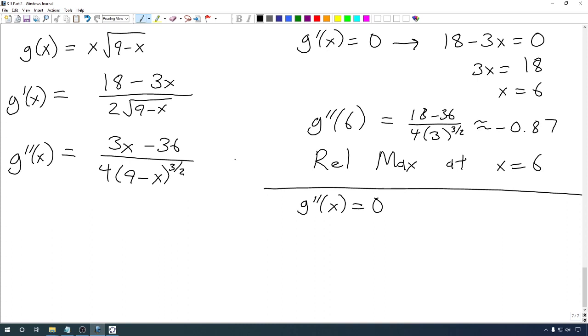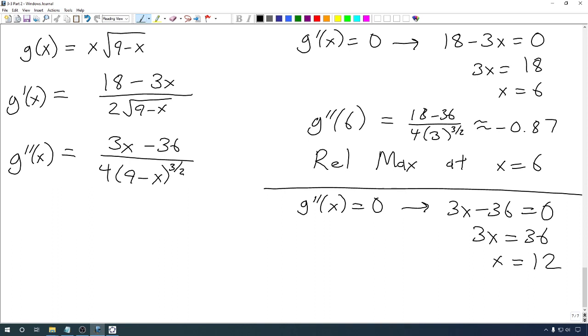That's where the top is equal to 0. So 3x minus 36 equals 0, 3x equals 36, or x equals 12. Except 12 is not in our domain. Remember, our domain is only 9 and smaller. So we can say right away that g does not have any inflection points.